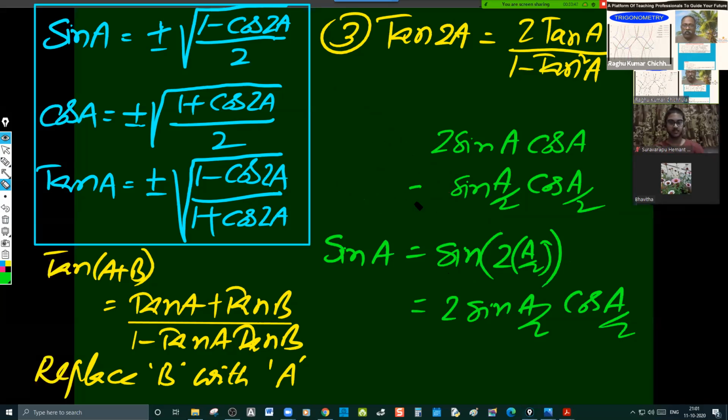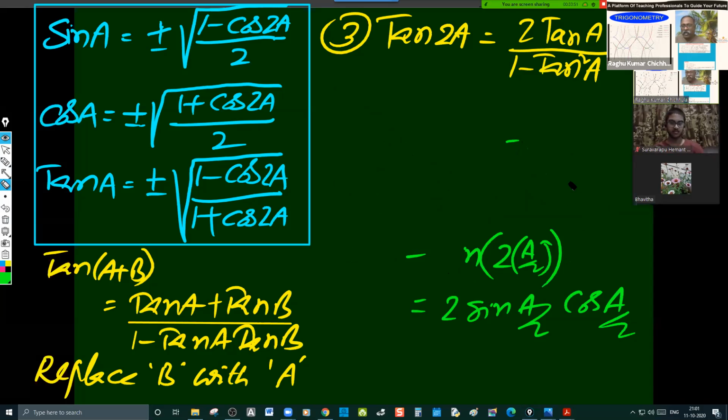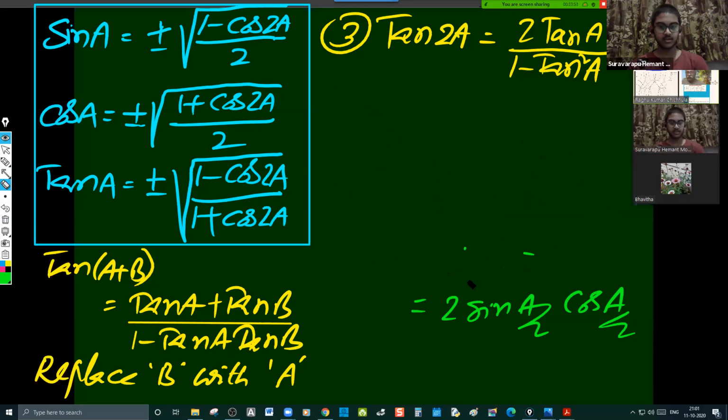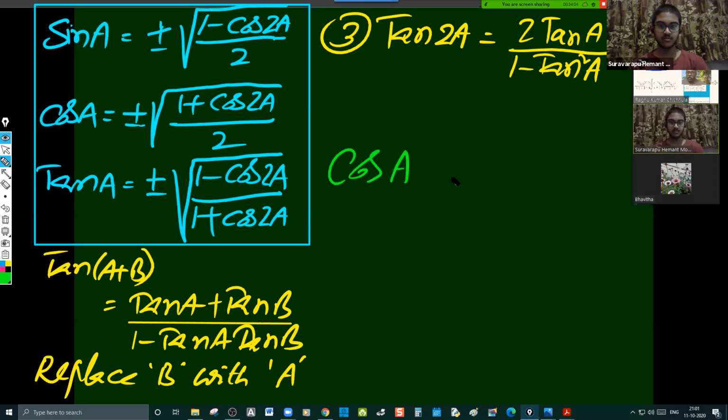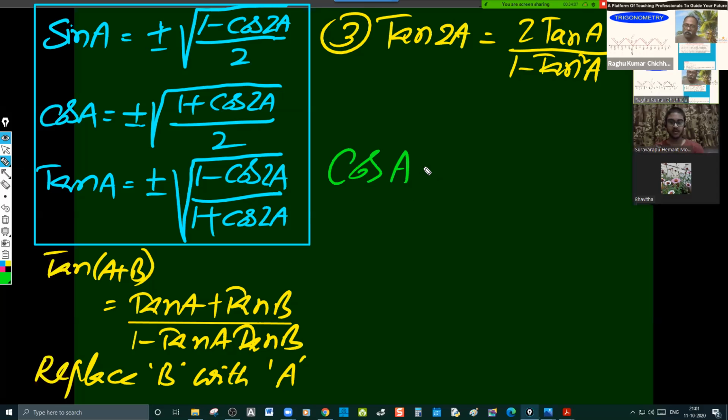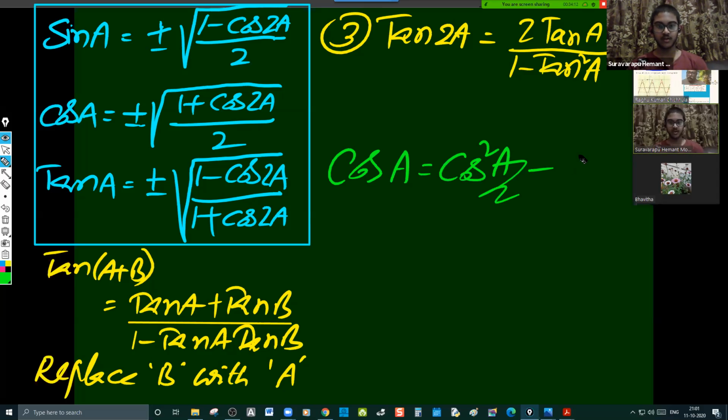Similarly, tell me the cos 2A formula. Cos square A minus sine square A. That is cos 2A. Now, cos A, how can it be written? So we're taking 2A, where A is equal to A by 2. So cos square A by 2 minus sine square A by 2.